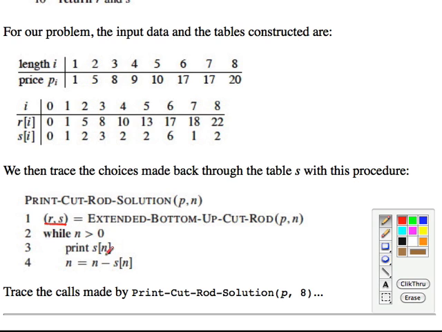For example, if n was 8, it would go into the table here and print out 2. And then it sets n to n minus whatever that entry is, so 8 minus 2 is 6, and it would go in the table for 6, and it would print out 6. And then 6 minus 6 is 0, so then this loop would exit, and that's what you would get. Cut a piece of 2 and a piece of 6.